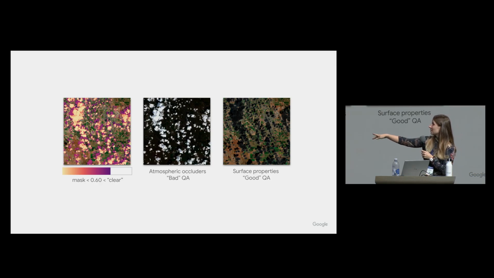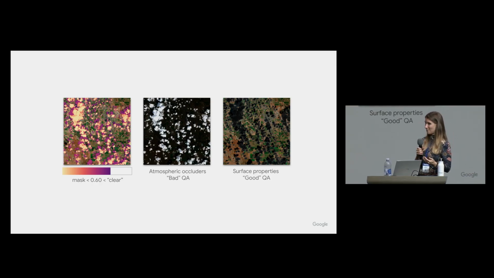But if we apply a threshold to this continuous score, 0.6 has worked generally pretty well, but I'll say it up front: this is very tunable and will depend very much on your use case and your study area. You should experiment. We've tried everything, and Andrea will speak a little more to this, from 0.55 to 0.85 and gotten good results. But you can set a threshold.